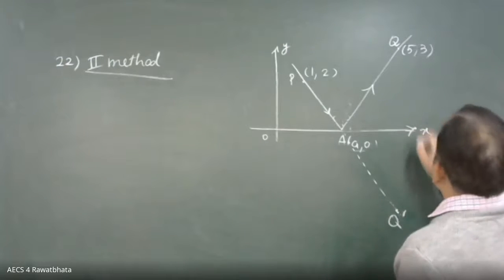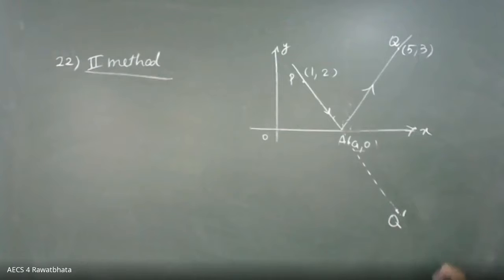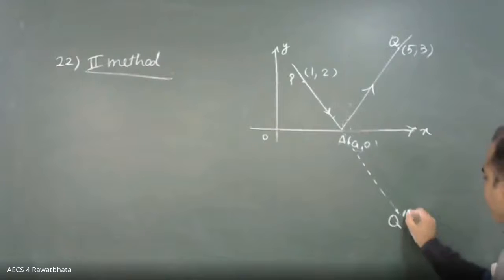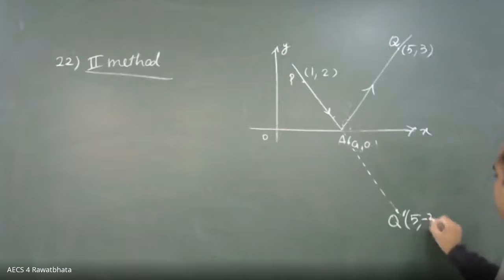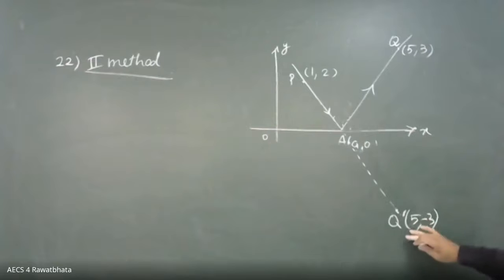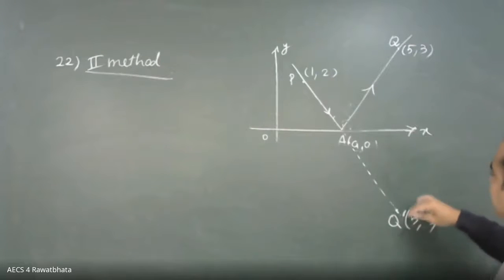Can someone tell me what should be the Q dash coordinates? So 5 comma minus 3. There is no doubt about it. The basic physics principle says that if this is 5 comma 3, this image will lie at equal distance below the x-axis, and this will be 5 comma minus 3.